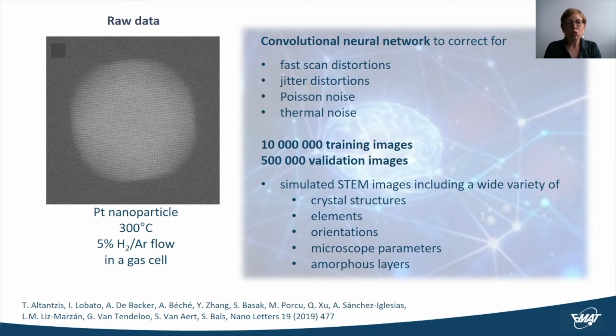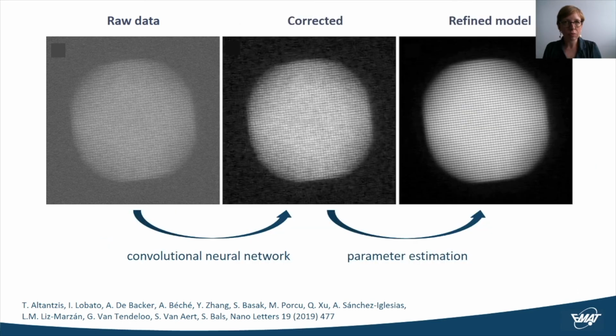For this, we used simulated images, including a wide variety of crystal structures, elements, orientations, microscope parameters, amorphous layers, and so on. In particular, 10 million training images and 500,000 validation images have been used.